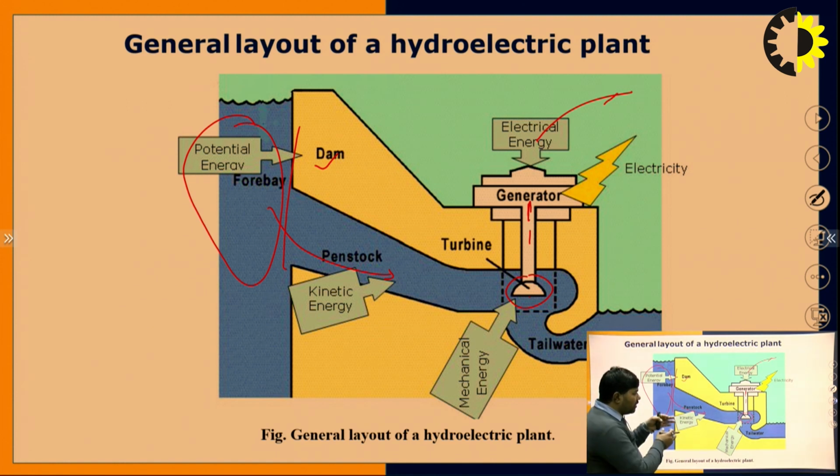The penstock carries the water from one place to another. After that, the whole potential energy is converted to kinetic energy in the Pelton turbine.